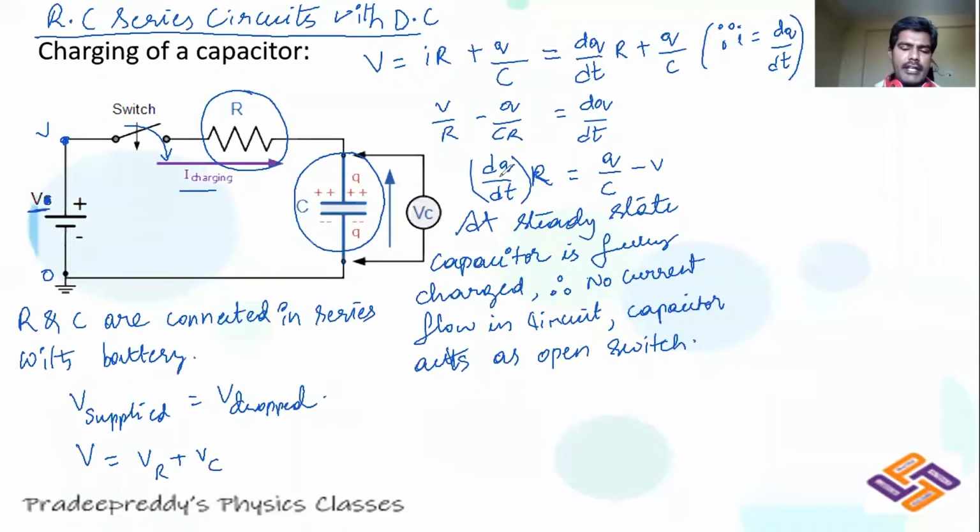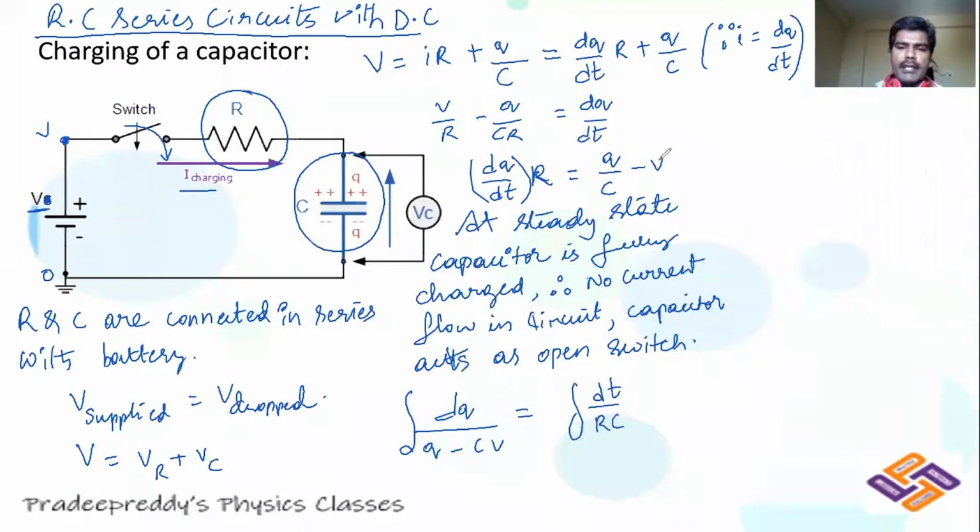Now we have this equation, dq by dt into R is equal to Q by C minus V. Now I'll write this as dq divided by Q minus CV is equal to integration of dt divided by RC, and this is also integration.